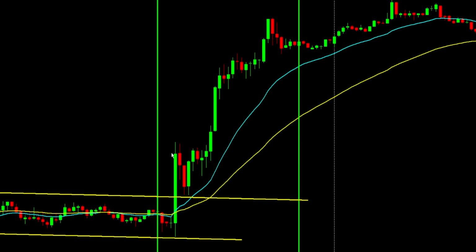Look what happens after the breakout has occurred. The price actually comes back down and it hits this line. Now, you will be surprised at the number of times that this happens during a breakout. And I'd encourage you to go away, look for trading ranges, draw in your lines of support and resistance, and look at the price characteristic as the price comes out.